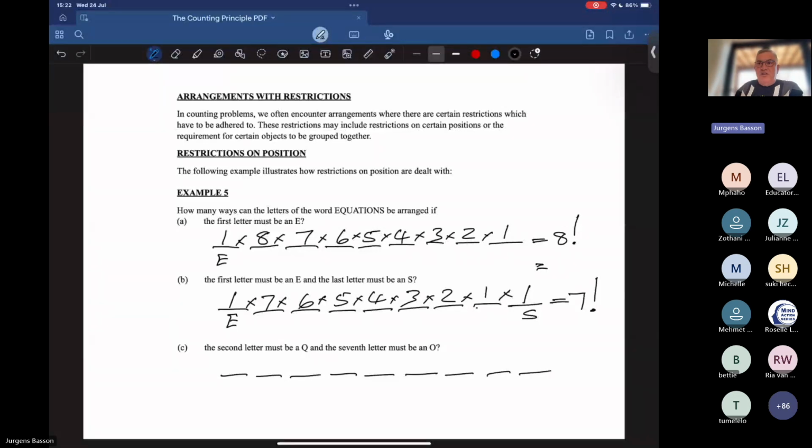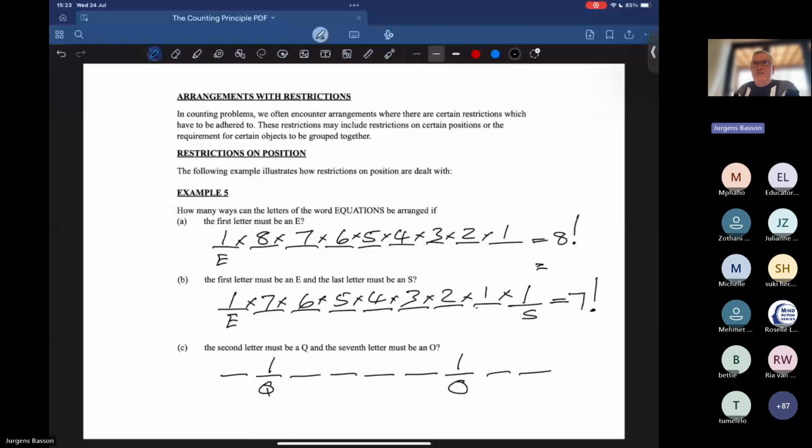But now it's not necessarily position 1 or position 9. I now say the second letter must be Q. And the 7th one must be O. 1, 2, 3, 4, 5, 6, 7, that must be O. And you agree this is 1 and that one will also be 1.